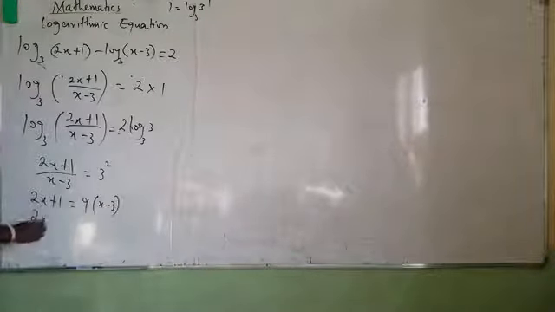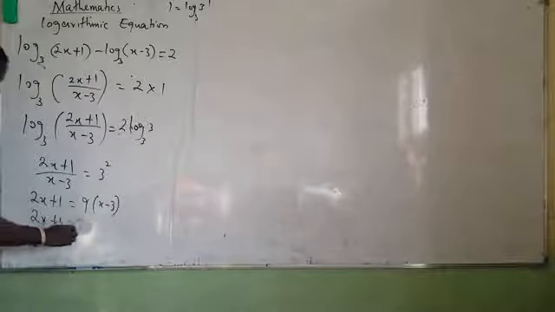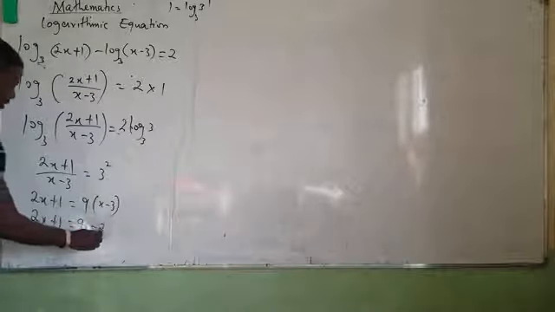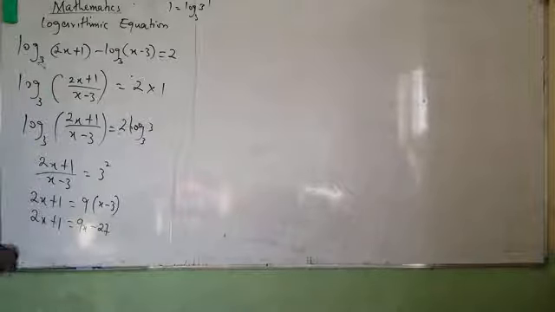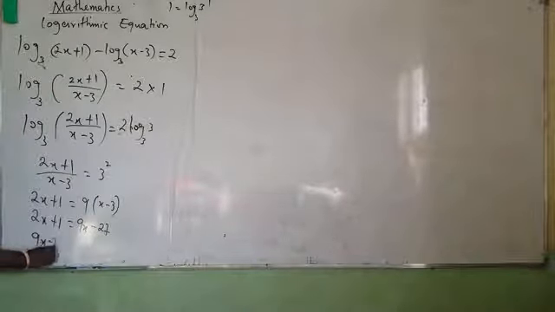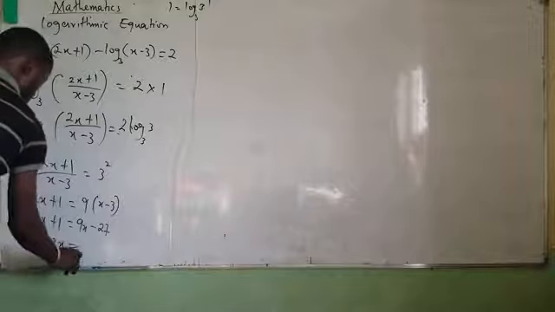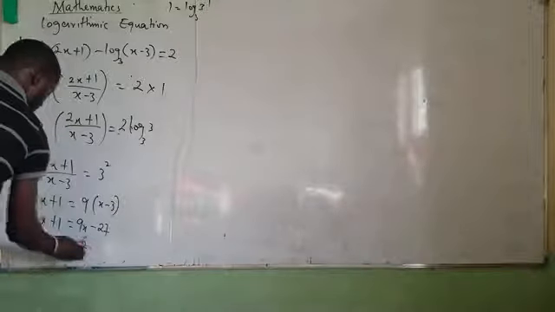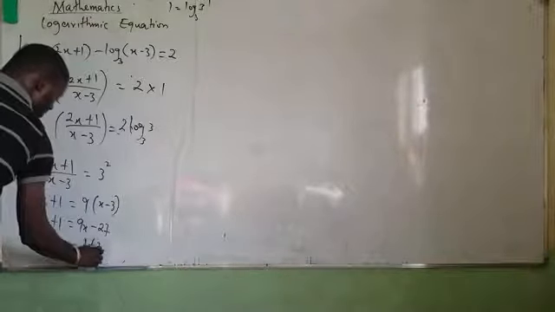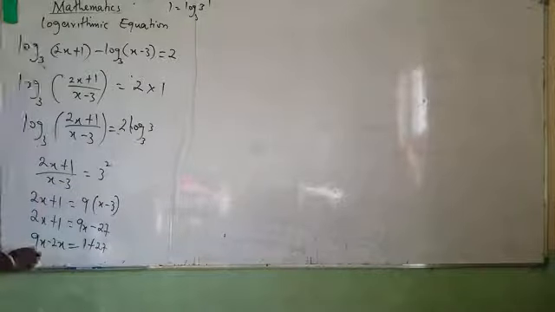Now, 2x plus 1 equals 9x minus 27. I want to collect like terms, which I'll be having 9x minus 2x equals 27 plus 1.